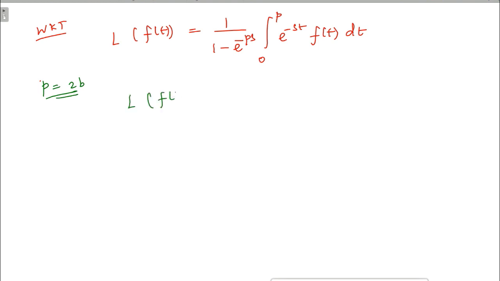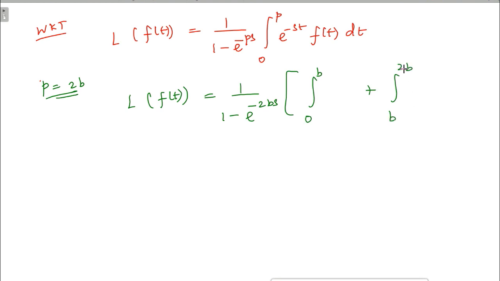L of f of t equals 1 by 1 minus e power minus 2bs, integral over 0 to b plus integral over b to 2b.